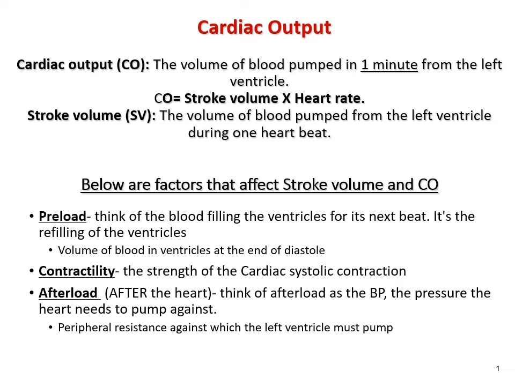So stroke volume is the volume per beat, and heart rate is how many beats per minute. And this will decide the number of liters, or whatever volume measurement you're using, per minute.